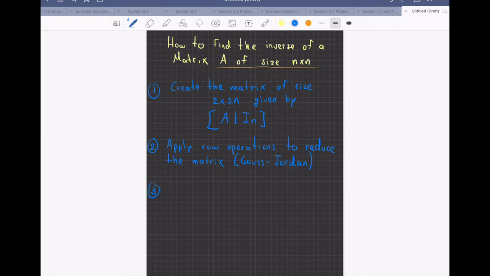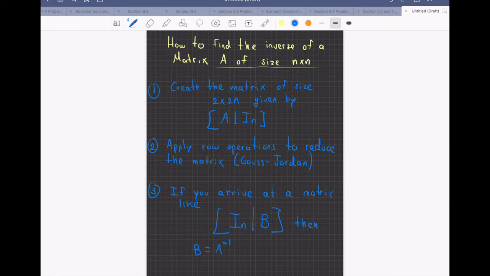Number 3, if you arrive at the matrix like identity in this size and B in the other one, then B is the inverse.